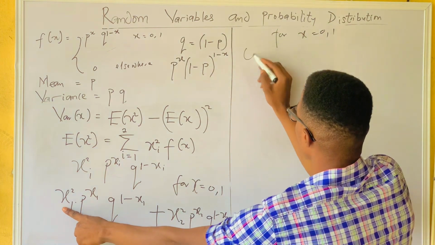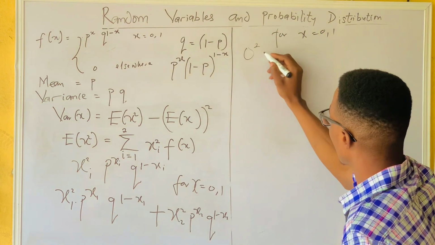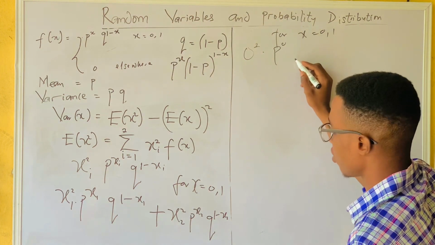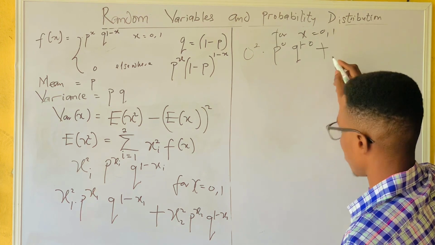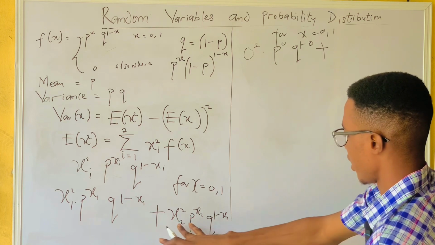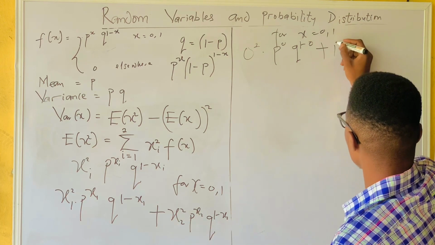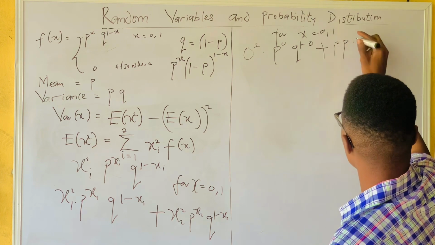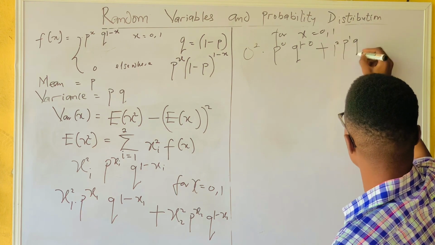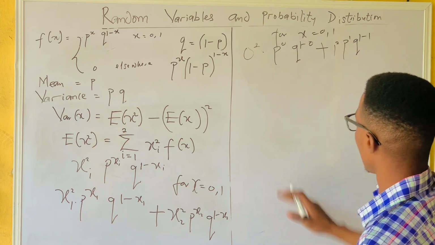So here becomes 0 squared multiplied by p raised to power 0, q raised to power 1 minus 0, plus when x equals 1, 1 squared p raised to power 1, q raised to power 1 minus 1.